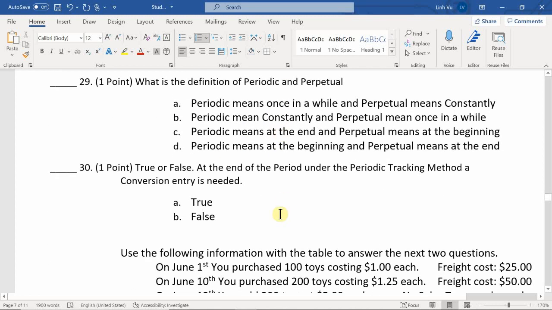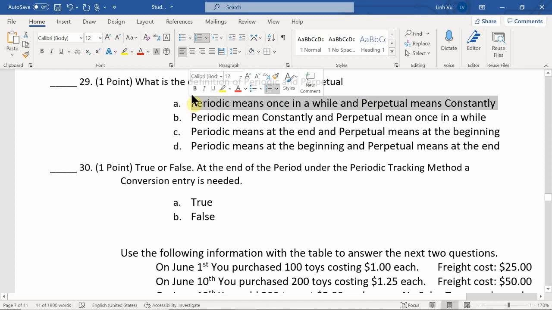Number 29. What is the definition of periodic and perpetual? A, good. Periodic means once in a while, and perpetual means constantly. Definitely, you need to know that.